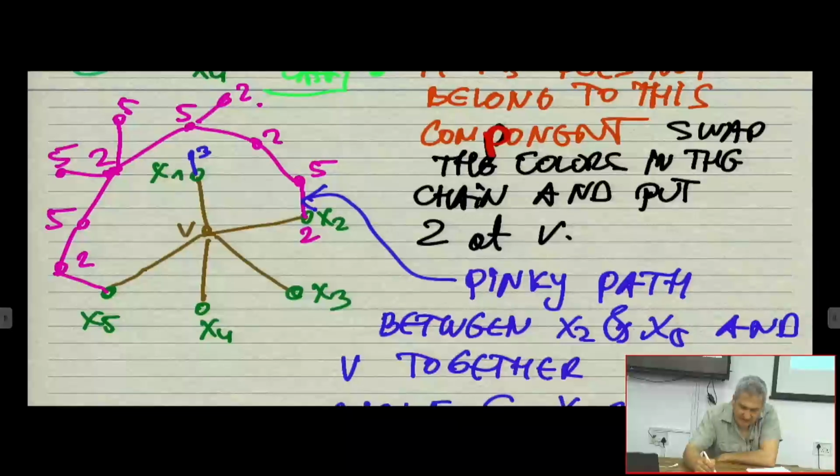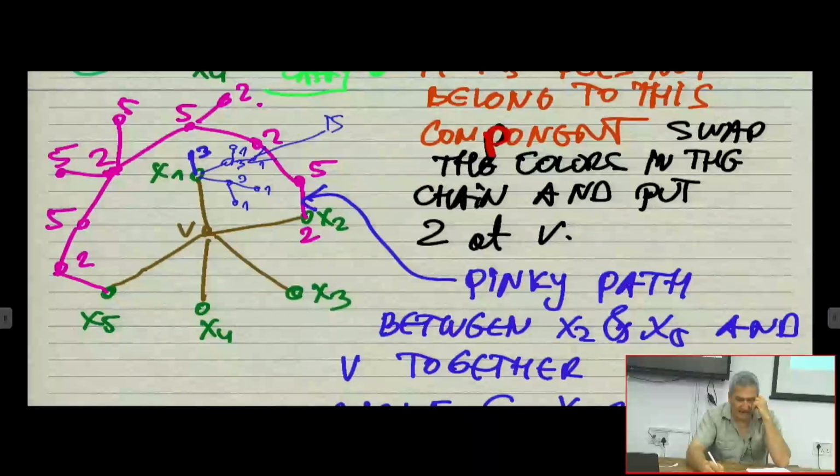We're gonna have this 3, 3, and then maybe 1, 1, 1, 1. But all this Kempe chain component at X1 will be inside the cycle.